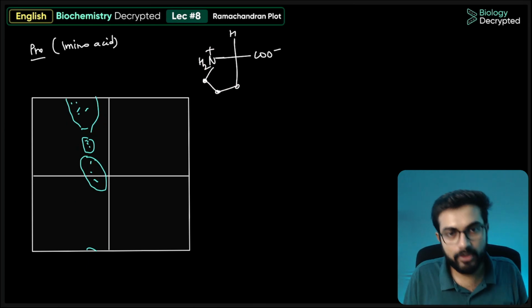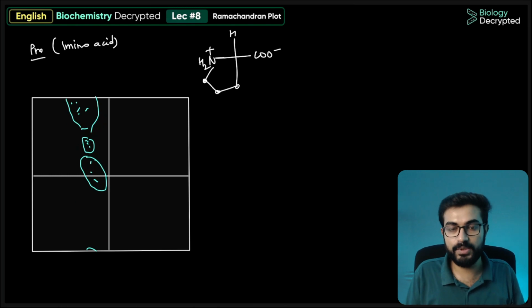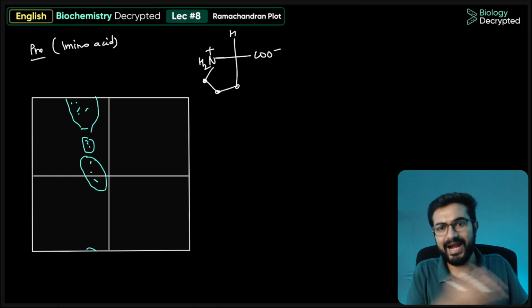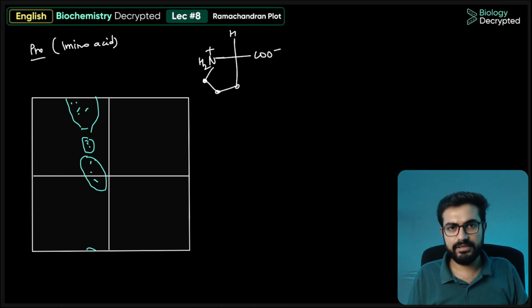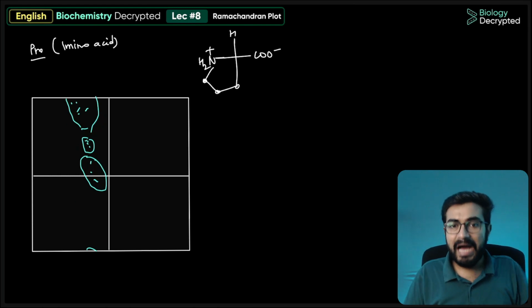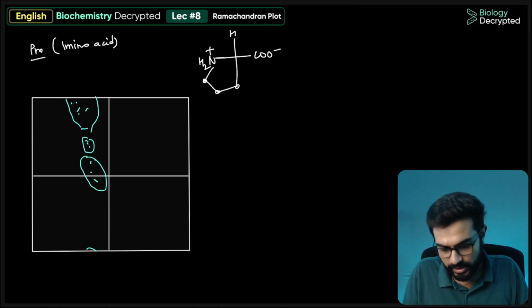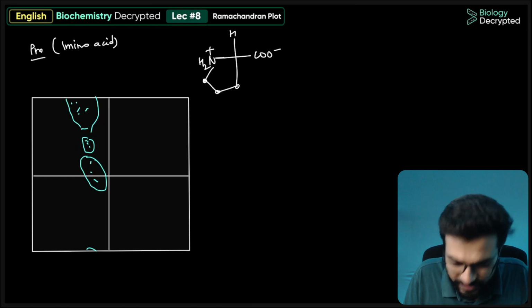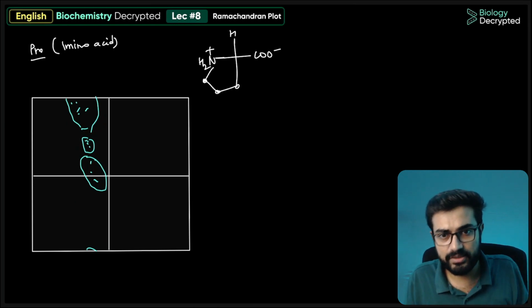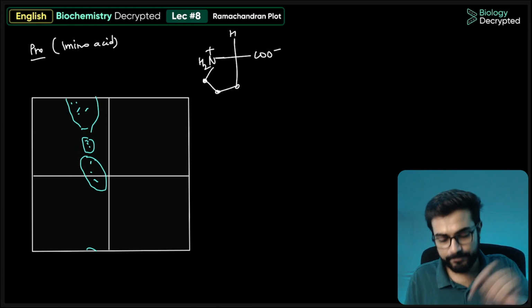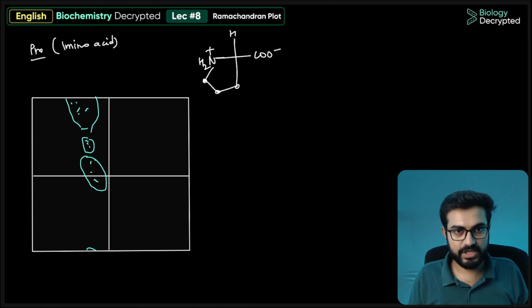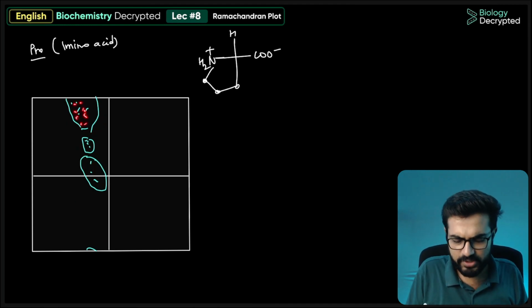And the peptide bond that will be formed, in most cases if there is a trans peptide bond formed between any other amino acid residue and proline, it will have a high level of steric hindrance. Therefore, some of the prolines will prefer a cis conformation, as I told you, a cis configuration over the trans configuration.